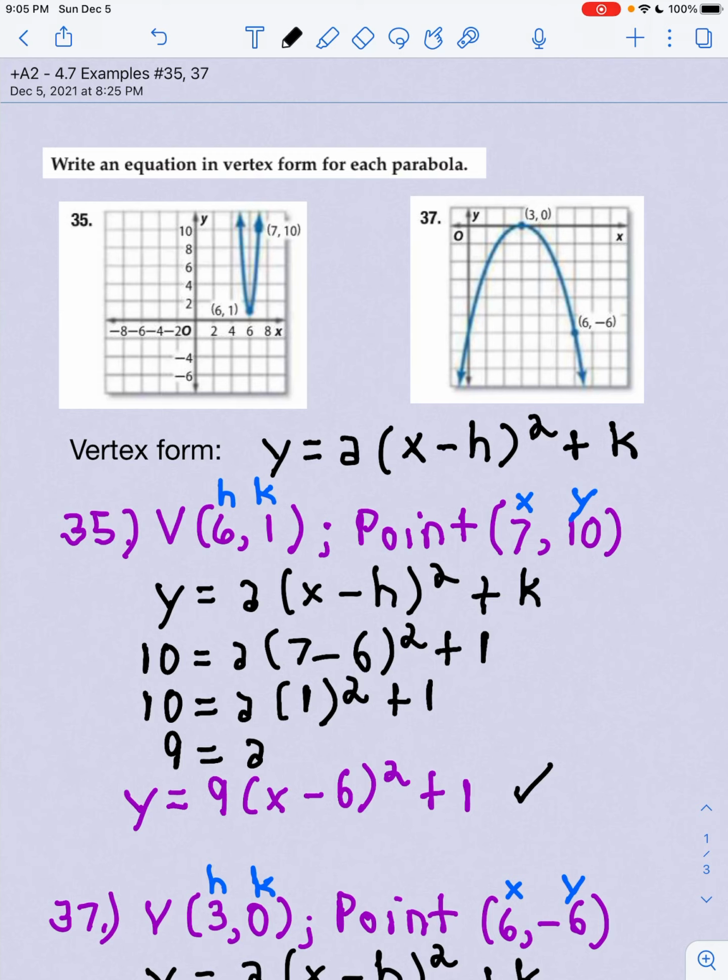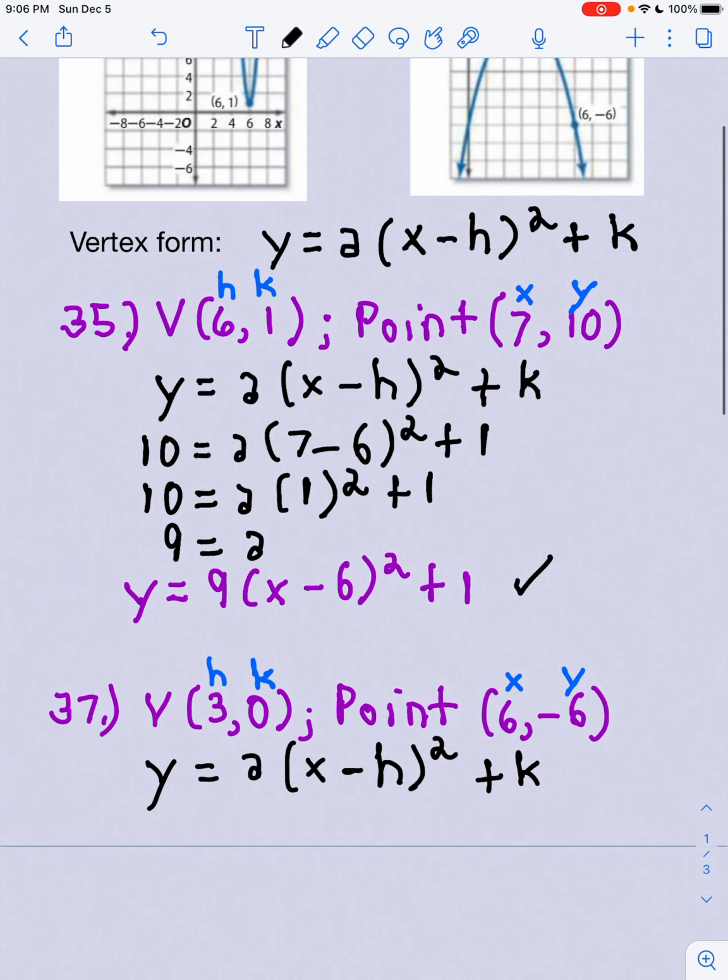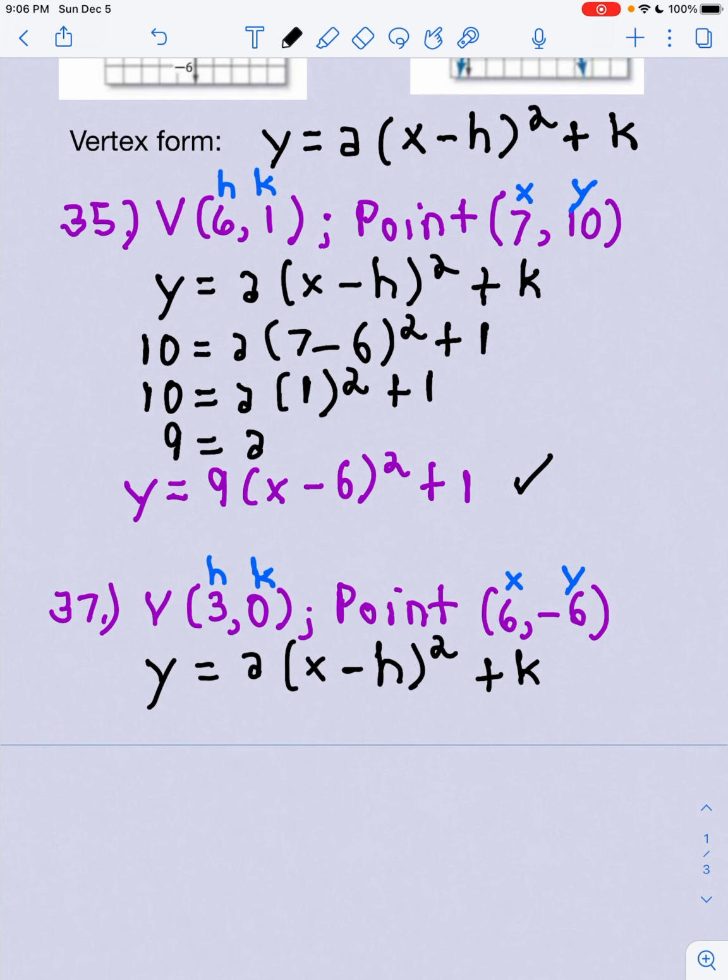Number 37. If you take a look at the graph of 37, the vertex is 3, 0, and the point on the graph that they've given you is 6, negative 6. And if we go down here and plug in with 3, 0 for h and k and 6, negative 6 for x and y, we're going to be able to solve for a.